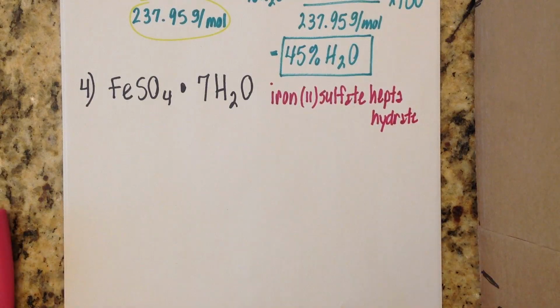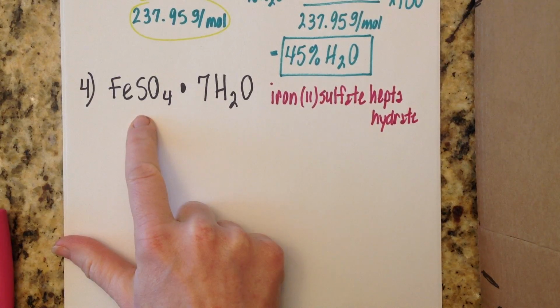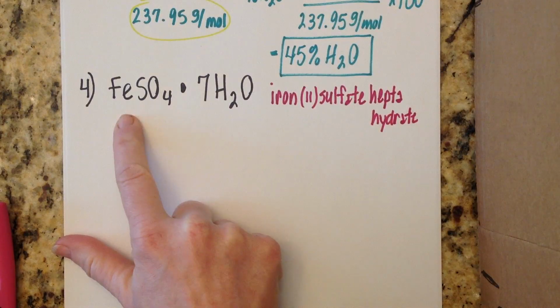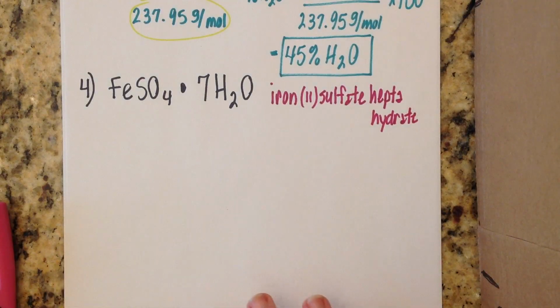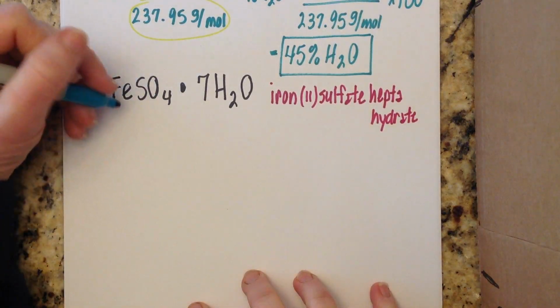So I know that if I have 4 oxygens, that's going to be a total of 64, 16 times 4, plus 32.07 for the mass of 1 sulfur, plus 55.85 for the mass of 1 iron. That gives me 151.92.